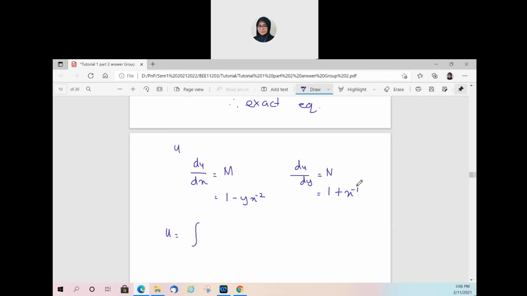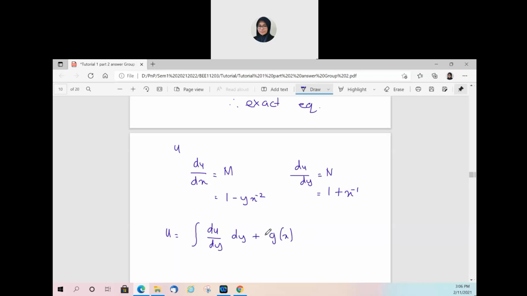This one tak ada pun apa-apa y kat sini, then you will consider is a constant here. So you integrate du over dy, dy plus gx. Remember, if you integrate dy, this one will be gx. If you integrate dx, this one will be gy.